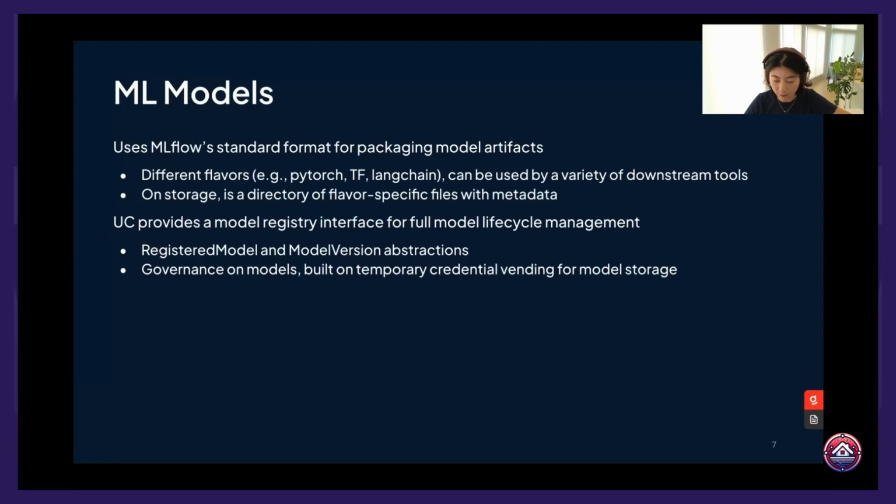To double-click into that, Unity Catalog, by the way, is in the Linux Foundation AI and Data Foundation, and we have another project that Databricks helps to maintain in the Linux Foundation AI and Data Foundation, called MLflow. We actually added an integration with MLflow in this 0.2 release as well.